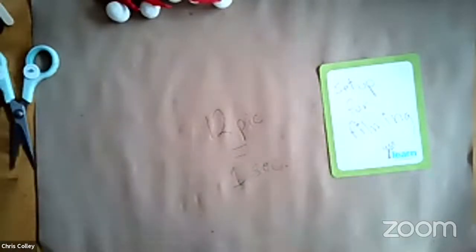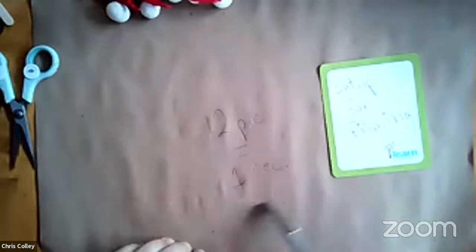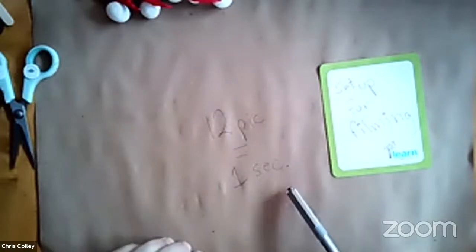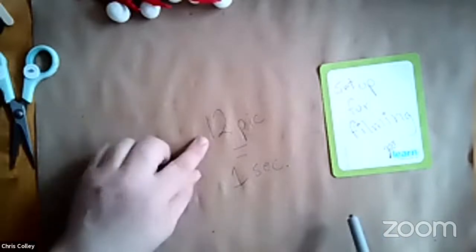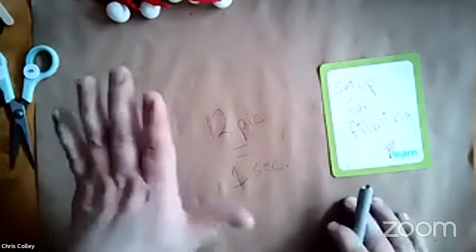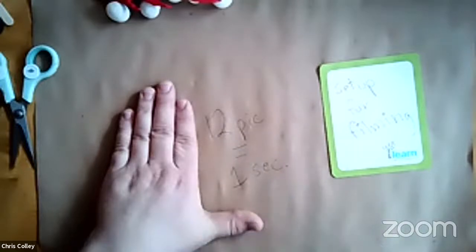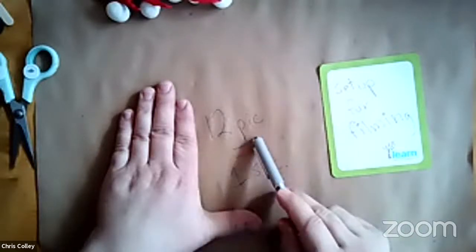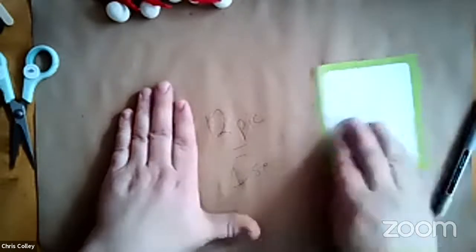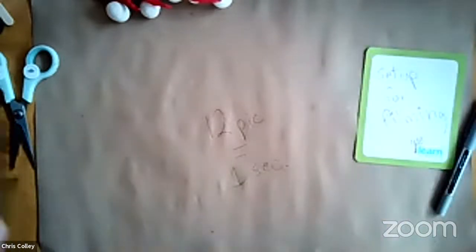If you keep that formula in mind, once you get into animations like Wallace and Gromit, the pictures will increase. But for our sake in education, 12 pictures for a second is a pretty good ratio, and the kids are able to do this.